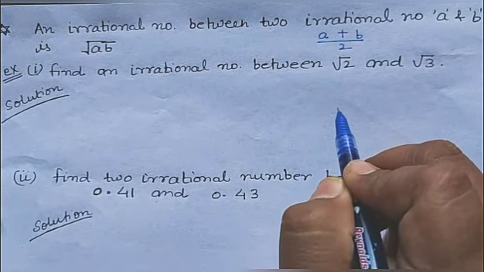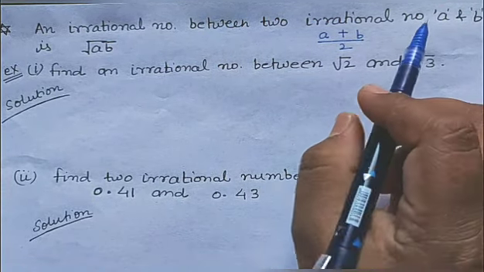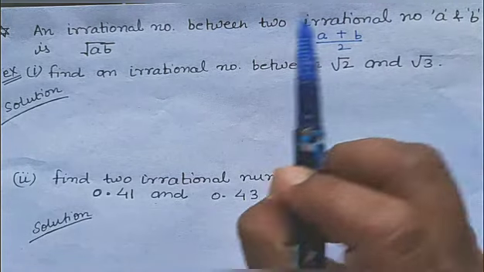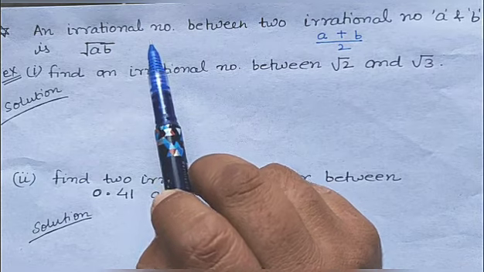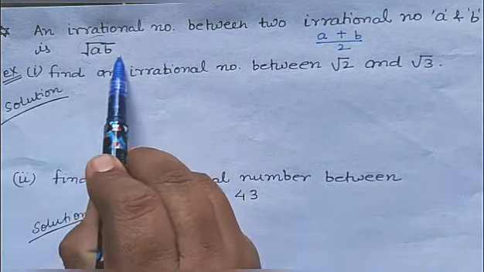Now if we have two irrational numbers a and b and we have to find an irrational number between them, you will use the formula under root ab.